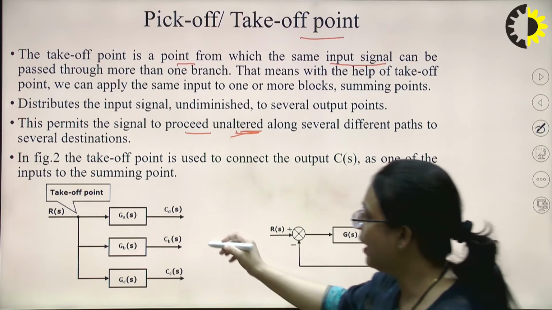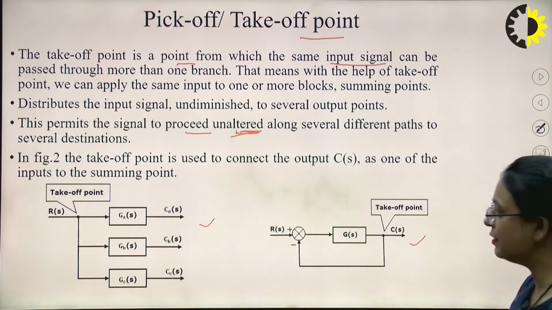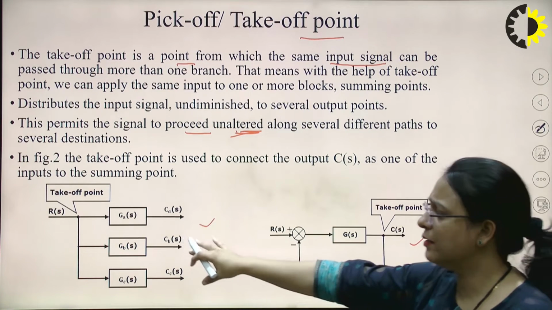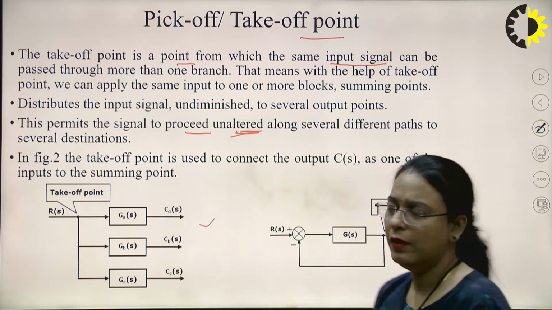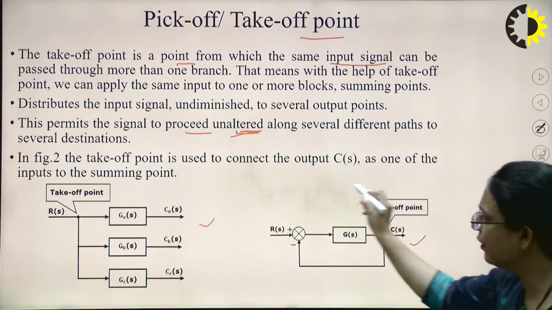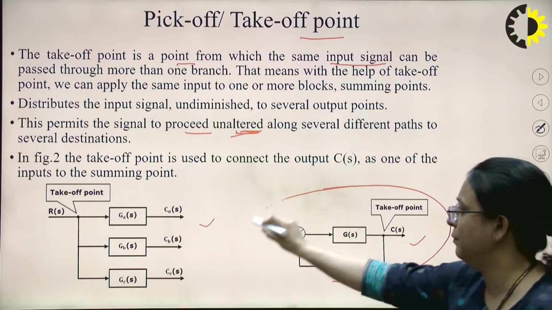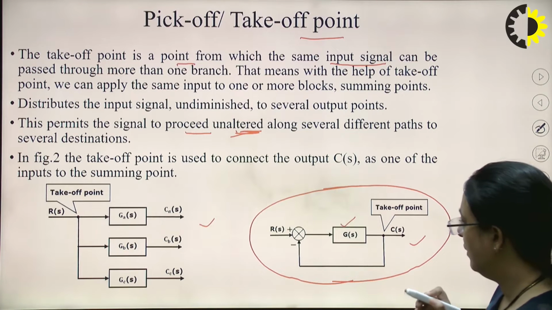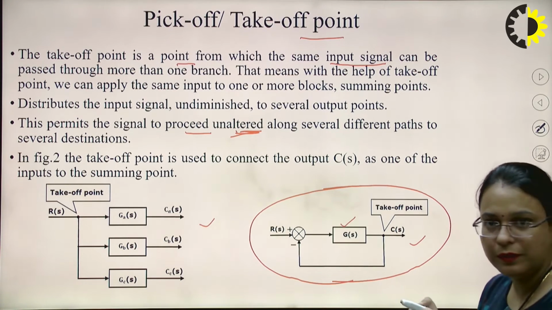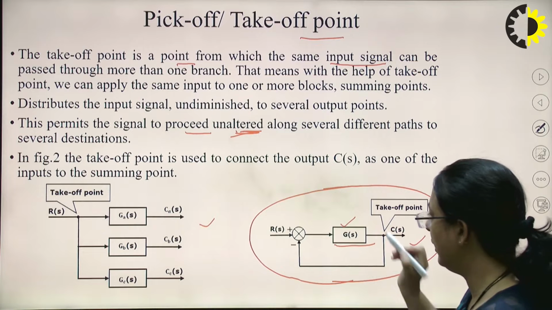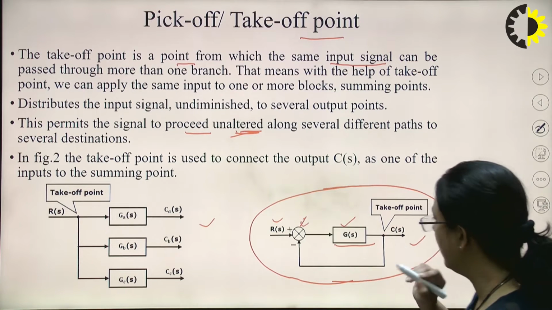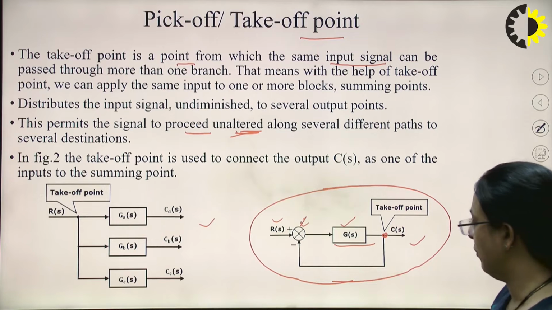See here, I have shown two figures. Let me talk about figure 2 first, then I'll discuss this figure. So here you can see this is a figure for the closed loop system. You can see here G(s) is the forward path transfer function, this is the block, R(s) is the input, this is the summing point, and this is the takeoff point.